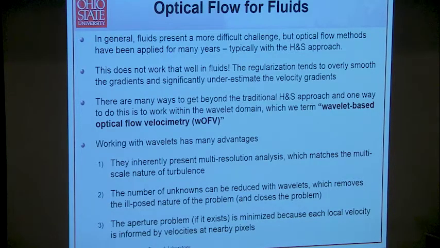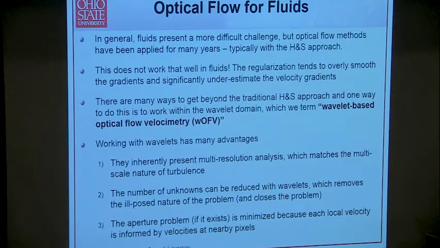Again, at the break, please feel free to ask questions. Wavelets inherently present a multi-resolution analysis, which quite nicely matches the multi-scale nature of turbulence. We can start to address a lot of the ill-posed nature of the problem with wavelets.